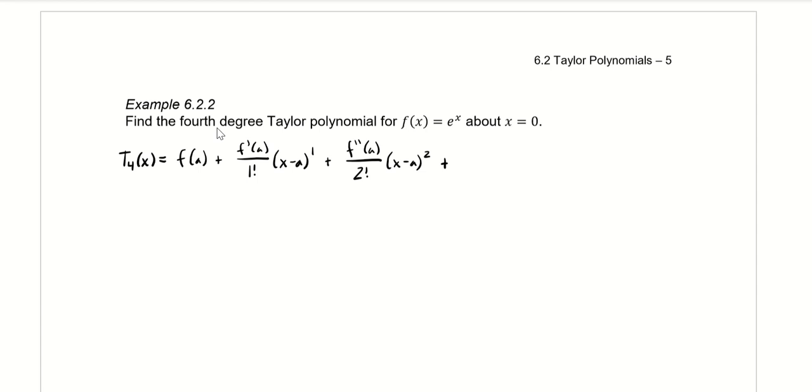Now everything involving 3, the third derivative at a over 3 factorial times x minus a cubed. And since I'm finding the fourth degree Taylor polynomial, I have one more piece here, the fourth derivative at a over 4 factorial times x minus a to the fourth.